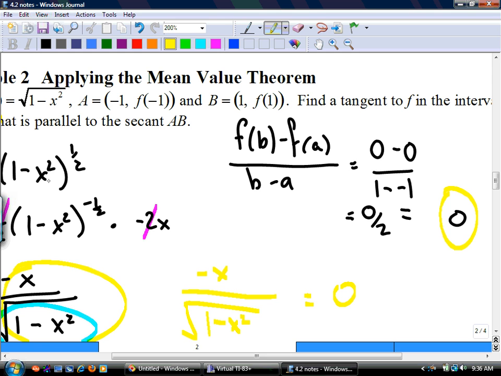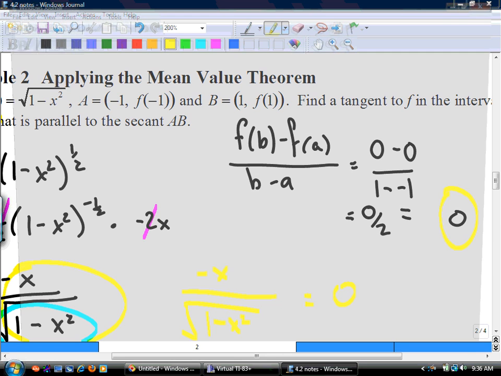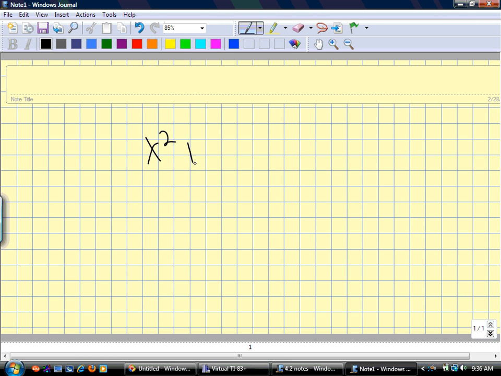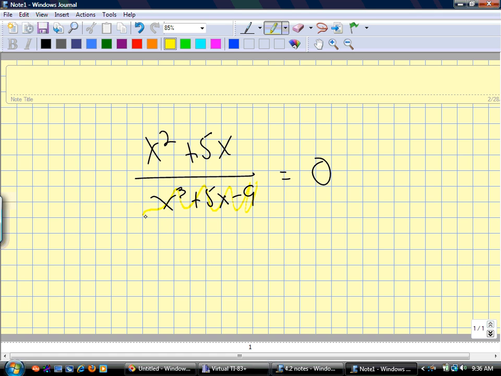When you're solving an equation that looks like this, the denominator won't ever equal 0. What we're only interested in is the numerator. So who cares what the denominator is? Doesn't matter. As long as it's all over one denominator, who cares?